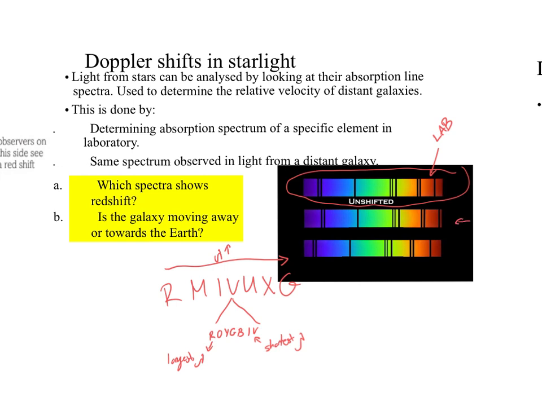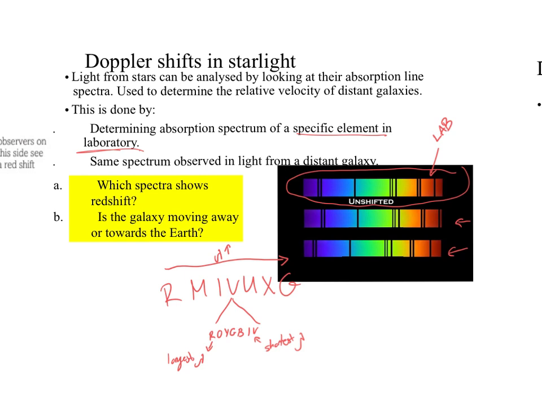The other two are coming from distant galaxies. So determining the absorption spectrum of a specific element in the lab, that's how they do it. And then the same spectrum is observed in light from a distant galaxy. So these two are coming from distant galaxies.